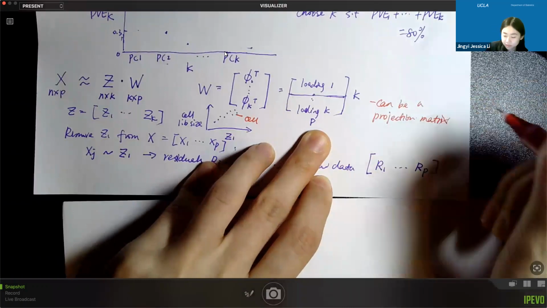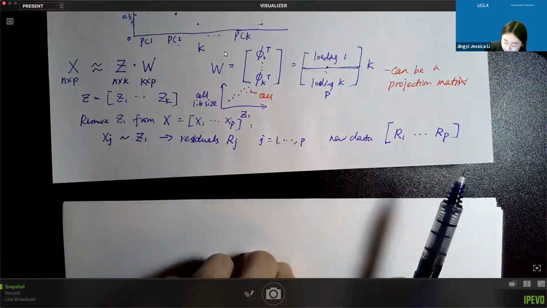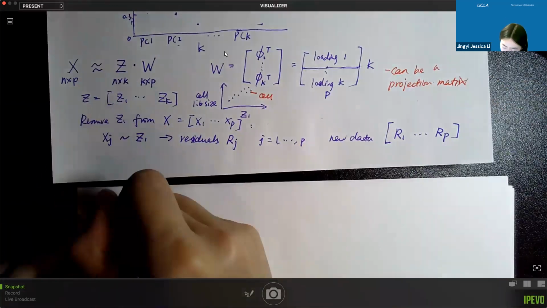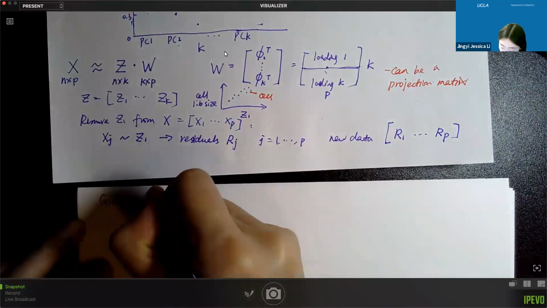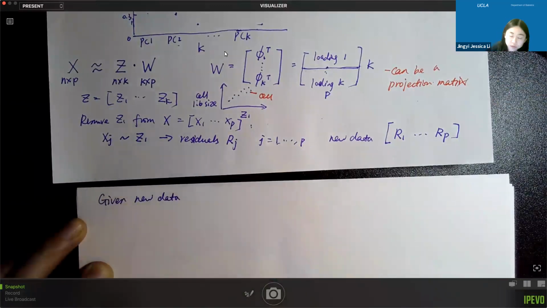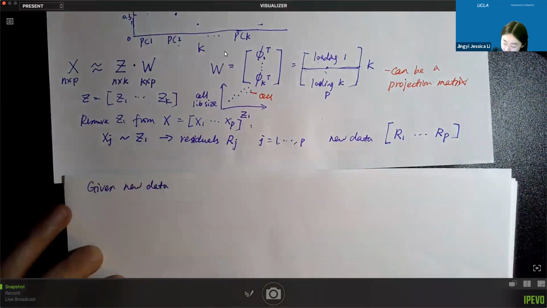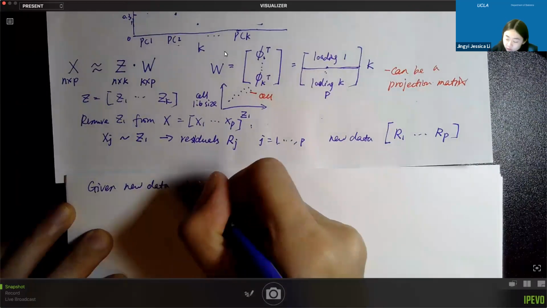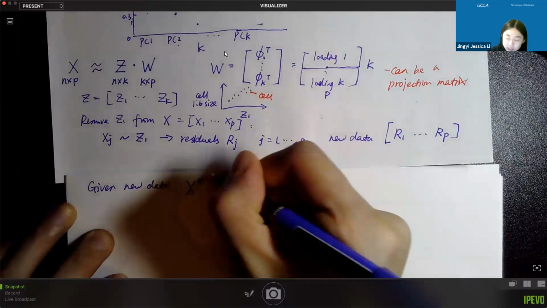What does that mean? It means that if I have new data, measured for the same P features but different rows, I call it X prime or X star. Don't confuse the prime with transpose.